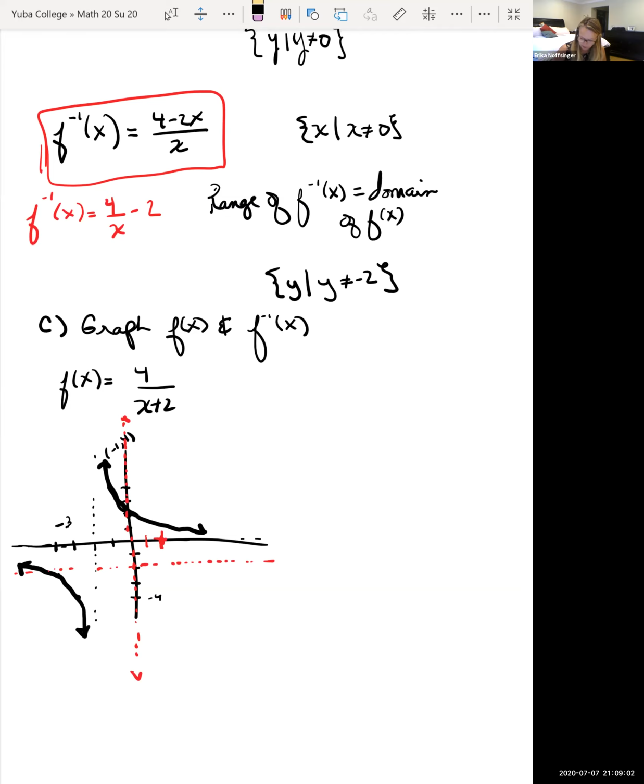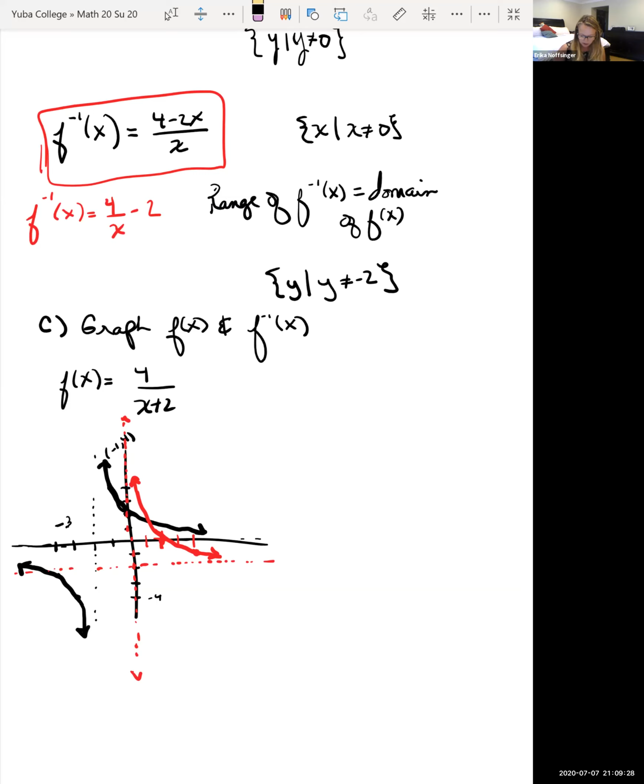Just to help me with a couple more points, (4, -1) was a point, so I know (-1, 4) has to be the point on the inverse function. So our graph looks like this for f inverse of x.